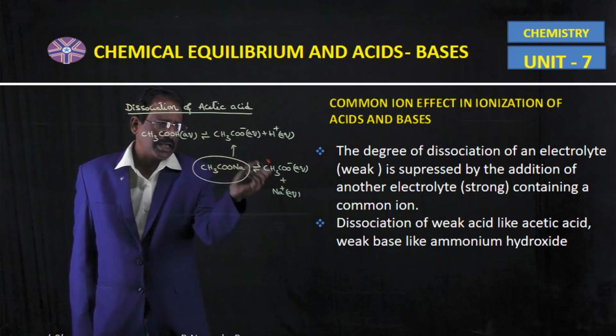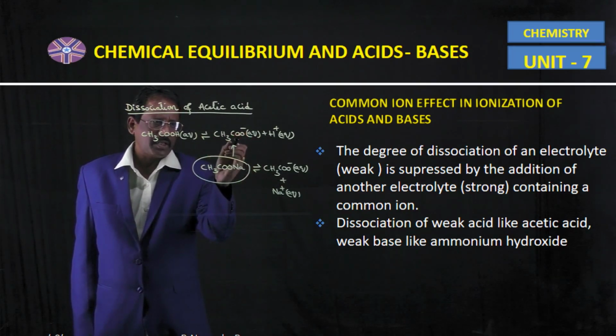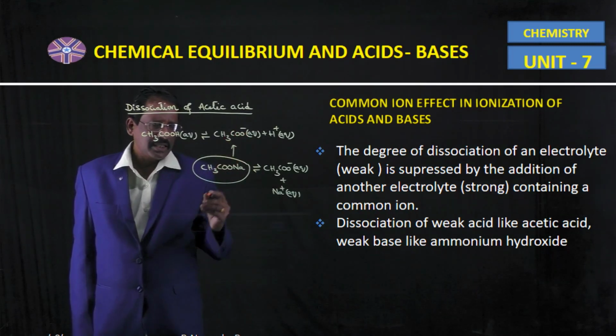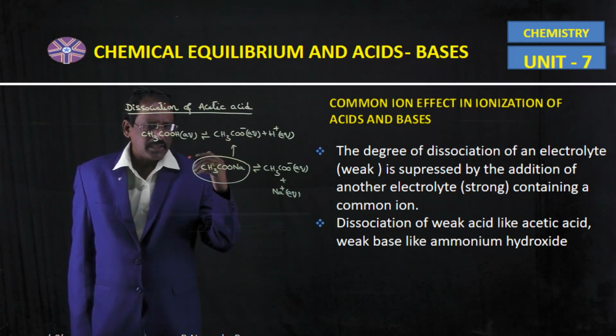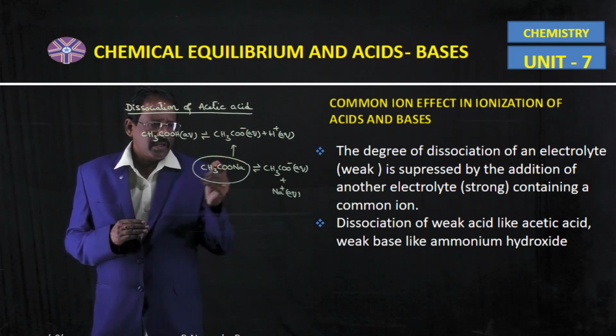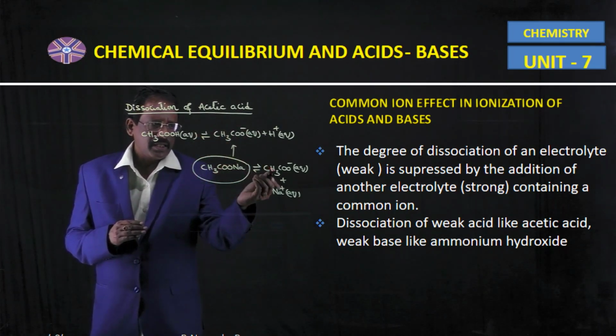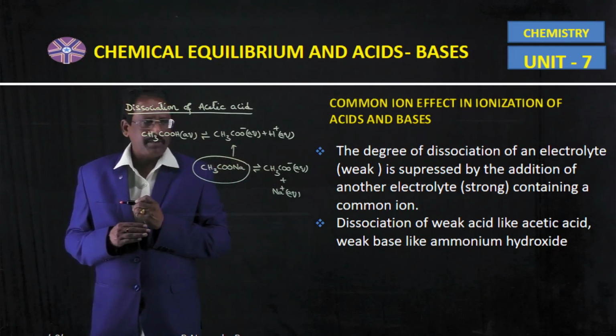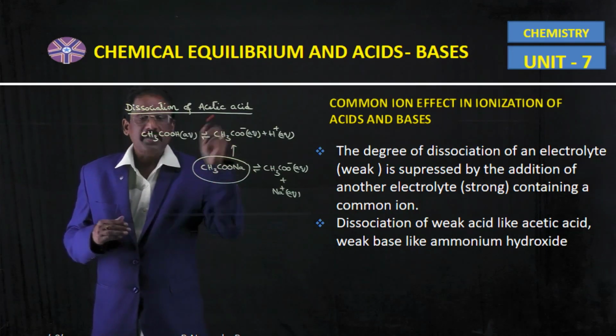So these two are common ions. In the original equation, on the product side there are acetate ions. If you add the strong electrolyte sodium acetate to this dynamic equilibrium, further acetate ions are added to the product side.